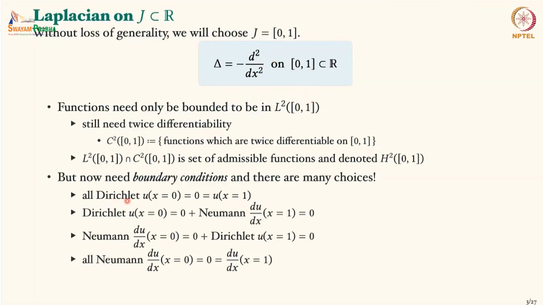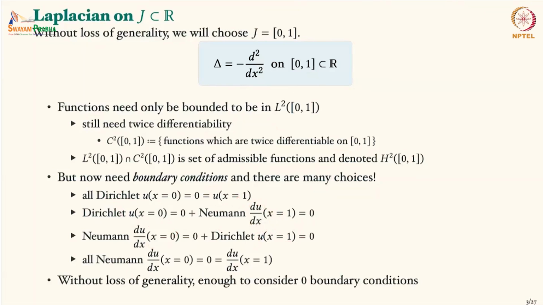It's called the all-Dirichlet boundary condition. It can be Dirichlet on the left boundary and so-called Neumann on the right. Neumann means the derivative with respect to x is set to be 0. It can be Neumann on the left and Dirichlet on the right, or it can be an all-Neumann boundary condition. So du by dx is 0 at both x equal to 1 and x equal to 0.